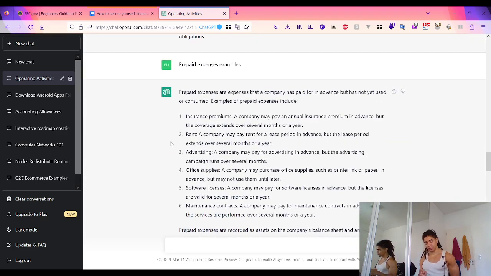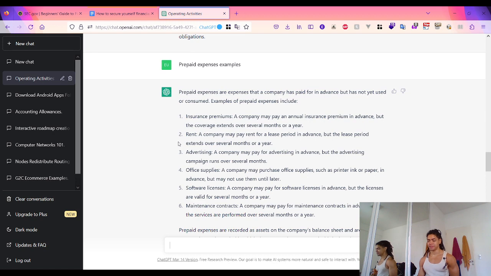You also have rent, marketing. So insurance, rent, marketing, office supplies, and software licensing and maintenance contract. Okay, things are starting to fall into pieces, right? Everything now makes sense.